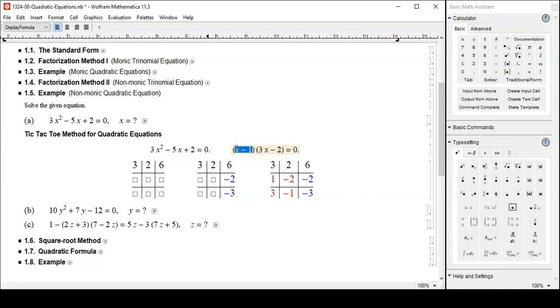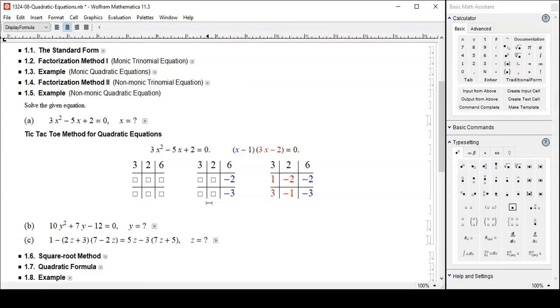And then first factor is equal to 0. Second factor is equal to 0. So what do you have? x minus 1 is equal to 0, or 3x minus 2 is equal to 0. So this came from the blue factor, and that came from the red factor.